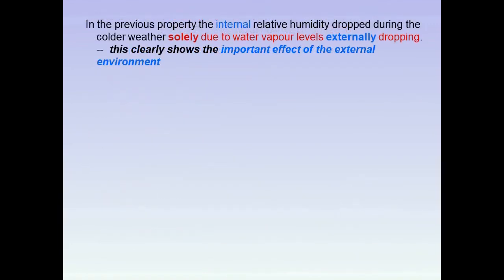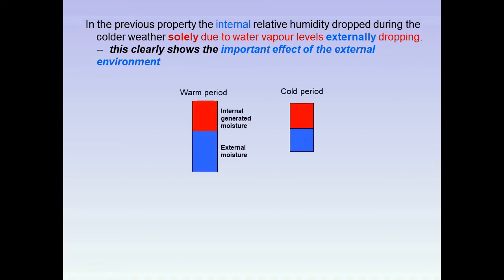We noted in the previous property the internal relative humidity dropped during the colder weather, solely due to the external water vapour levels dropping. This clearly shows the importance of the effect of external environments. And we saw this in a previous presentation.